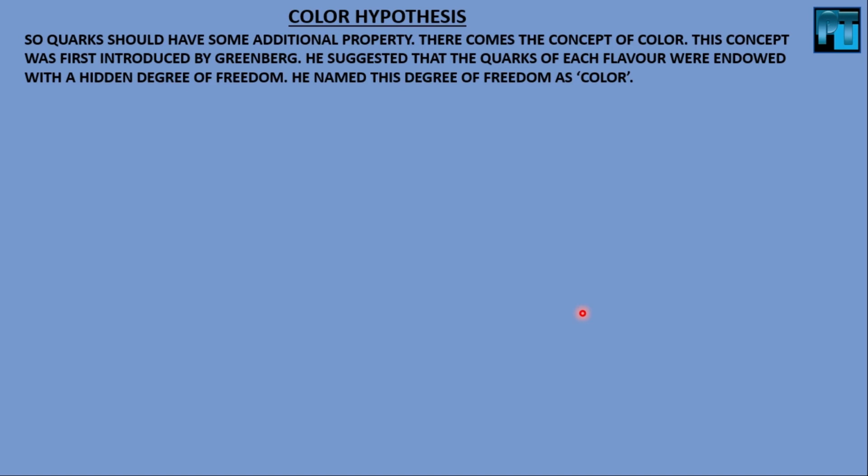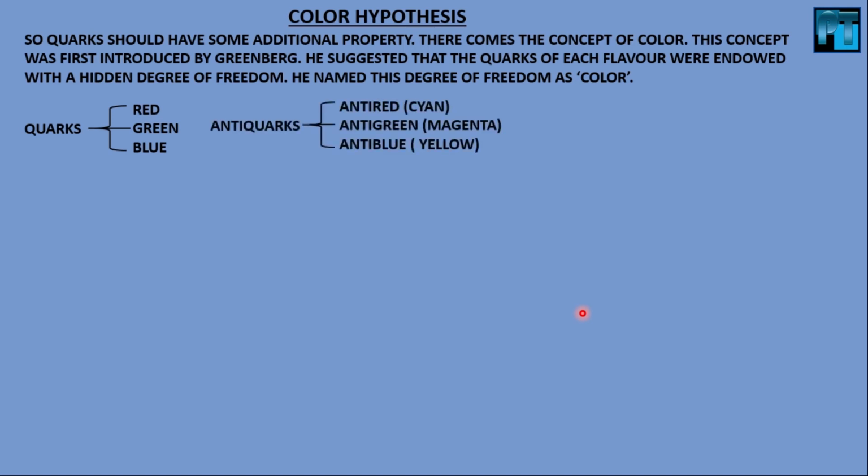This is an inherent property, a hidden degree of freedom. This degree of freedom is called color. What color? For quarks, there are 3 colors, so he assigned red, green and blue, RGB. And for anti-quarks, he assigned anti-red, anti-green, anti-blue.